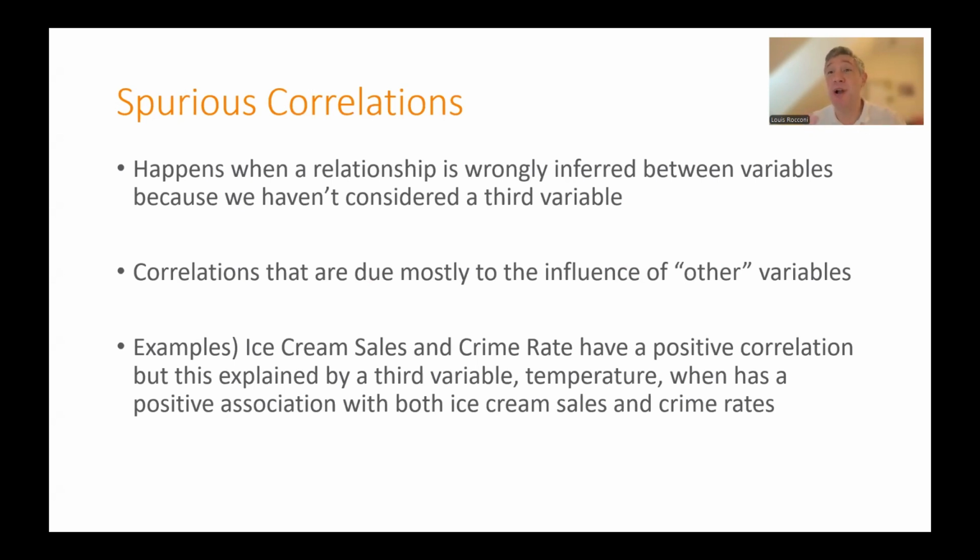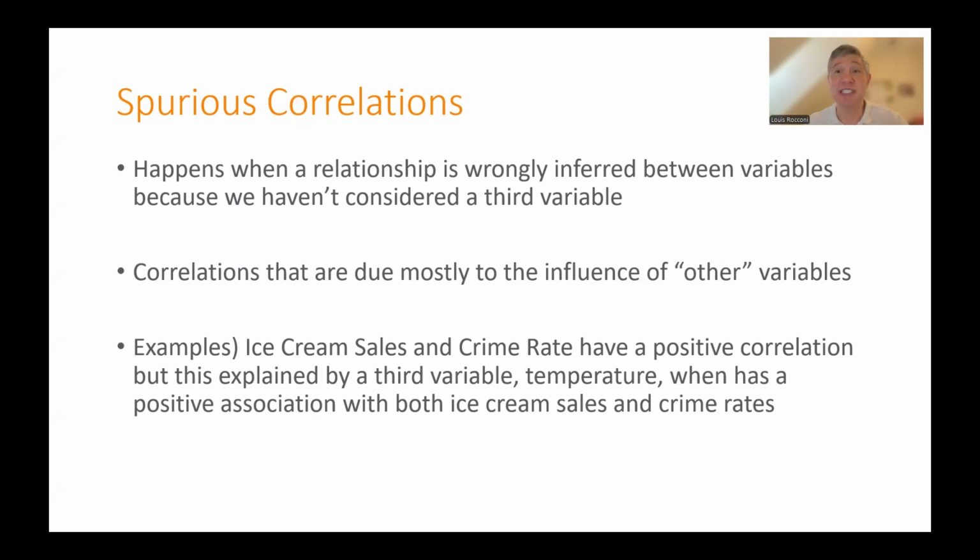But they're probably both caused by a third variable that we're not measuring, which is temperature. Ice cream sales tend to increase when the weather gets warmer, and crime rates tend to increase when the weather gets warmer. Both tend to be a little higher in the summer months. So that's an example of what might be a spurious association.